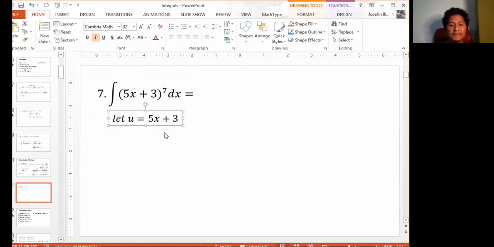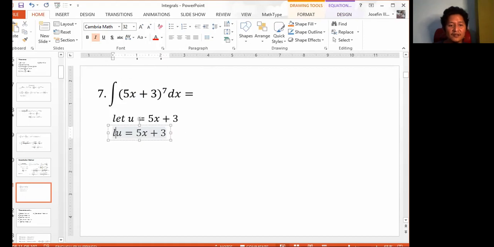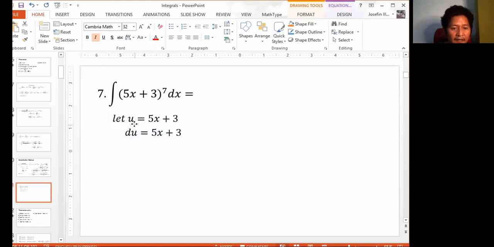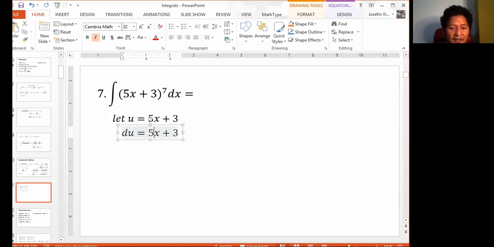Now, kailangan natin kung papalitan natin ito ng u, dapat mapalitan natin si dx din. So we have to get the derivative of both sides of this equation. The derivative of u will just be du. And the derivative of 5x will just be 5 dx, and then the derivative of constant, which is plus 3, will be 0.